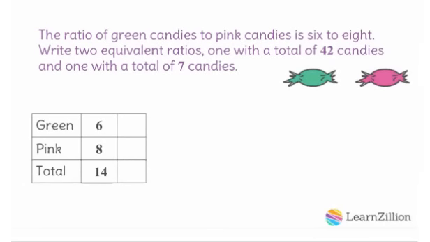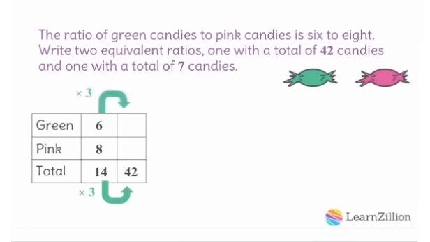We want to go to a total of 42 candies. So we need to find the multiplicative relationship between 14 and 42. We know that if we multiply 14 by 3, we get 42. We can use this relationship to multiply by 3 to create our equivalent ratio of green and pink candies.